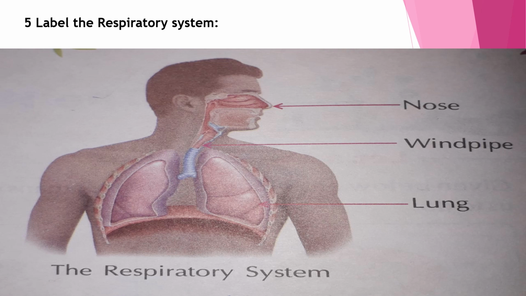And third is lungs. Children, lungs take in the oxygenated air and pass the oxygen to our blood and exhale the carbon dioxide present in our body. So, the organs of respiratory system are nose, windpipe and lungs.